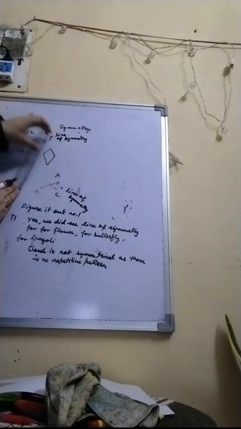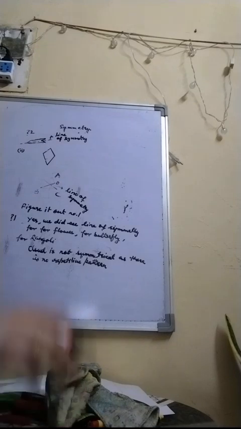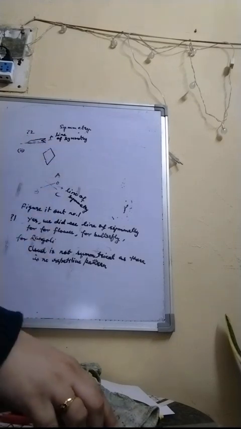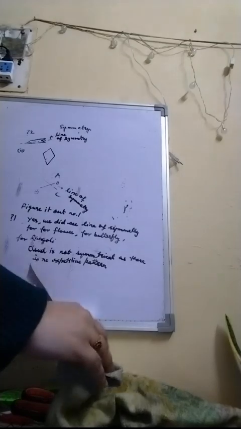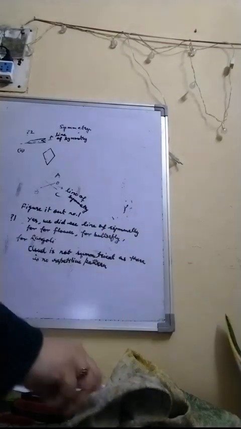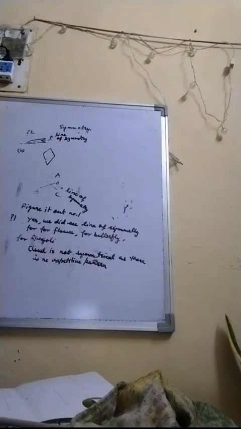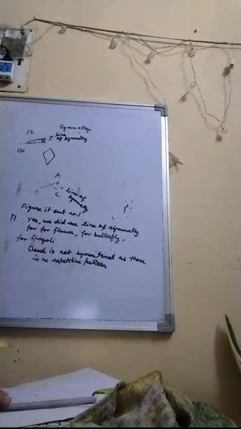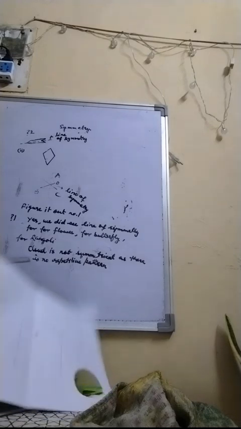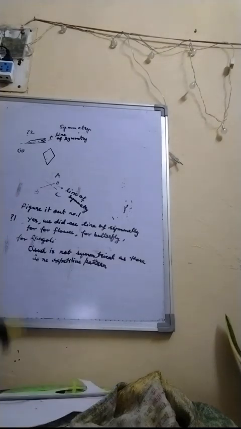Now where would you look for the line of symmetry? Suppose I fold, let us make this figure on a piece of paper also, so that you know how you can get the line of symmetry in a given figure. So let me make it over a piece of paper.